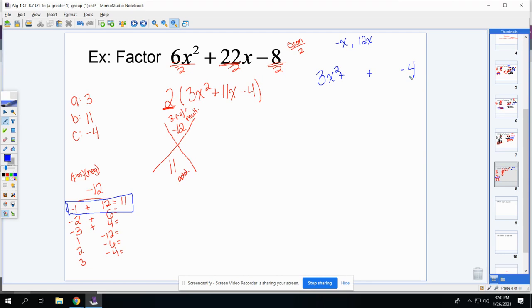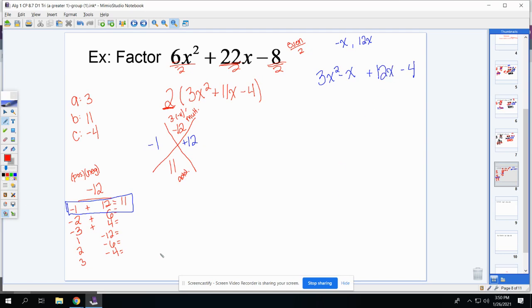So I like to leave the big numbers together, leave the small numbers together as well. I know it's not much of a difference here one way or the other, but I'm going to put the negative x on the left-hand side. So negative x on the left and a positive 12x on the right.